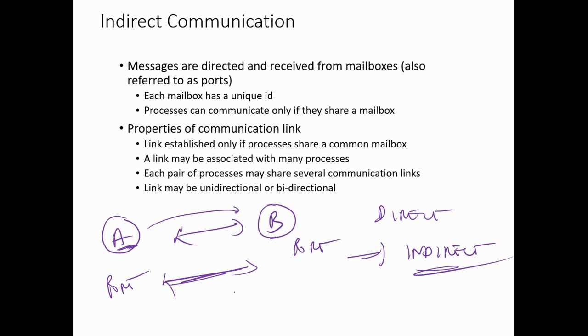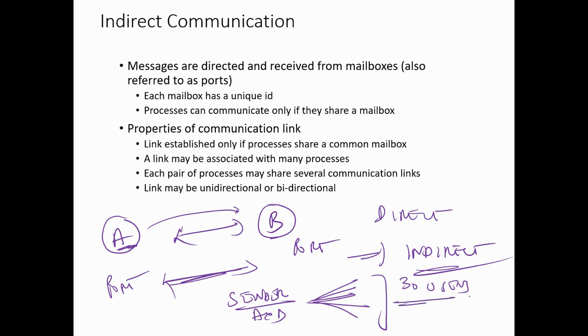I'll give you an example. Let me say that I'm a sender. My port address is going to be called AXB. I can share my mailbox, and I can send a mail to more than 30 users at a time. So my mailbox gets shared within the processes.